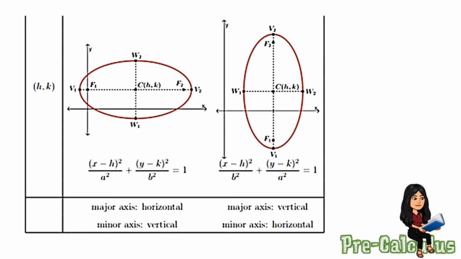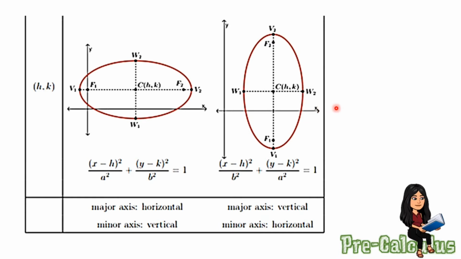If you have an ellipse that is horizontal and the center is not on the origin, it is at h, k, your standard form of equation will be the quantity x minus h squared over a squared plus the quantity y minus k squared over b squared is equal to 1.